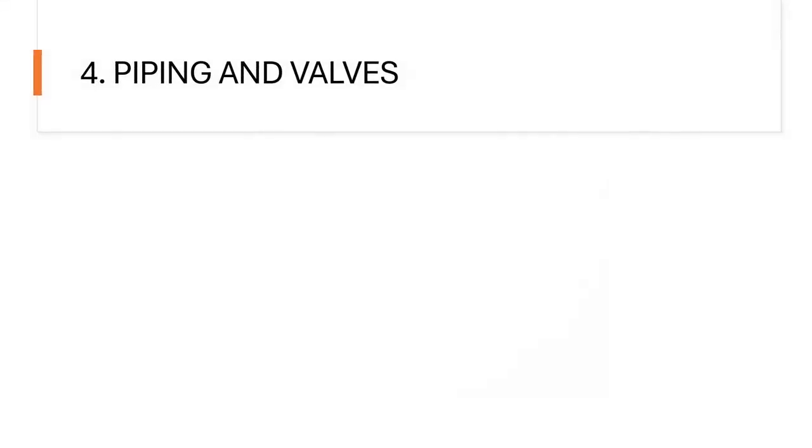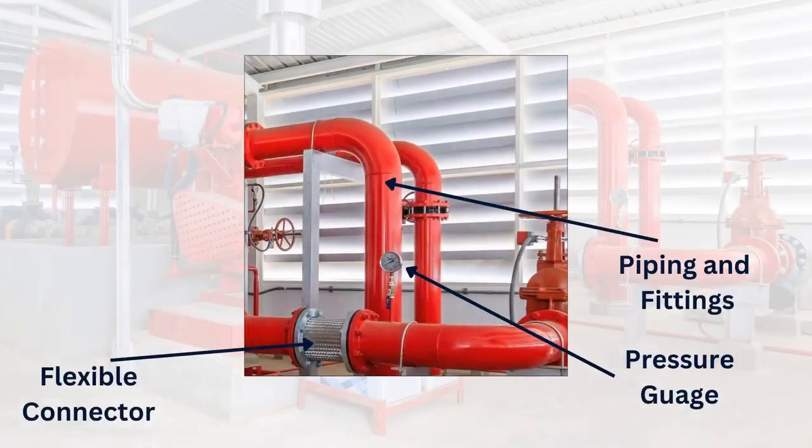Valves. Basically, these piping and valves direct the flow of water through the system. Here you can find a few pictures of piping and fittings, pressure gauges and also a flexible connector which are installed in the fire pump room.